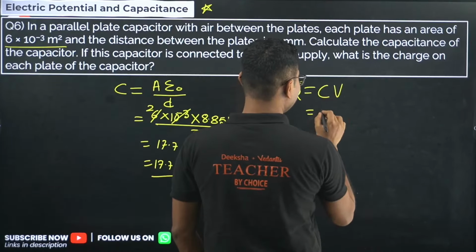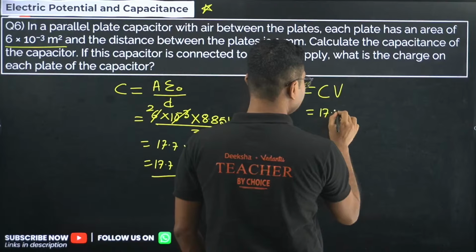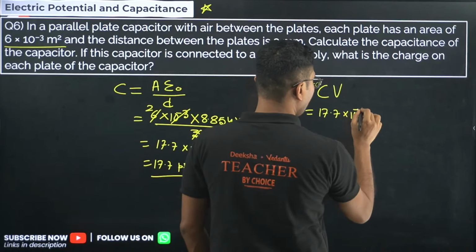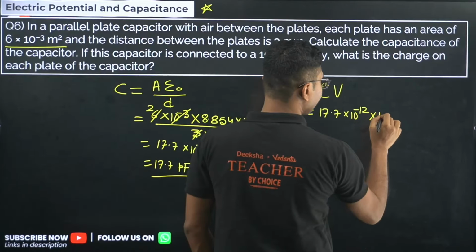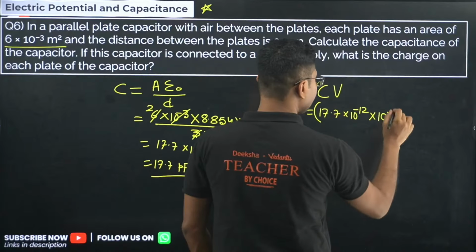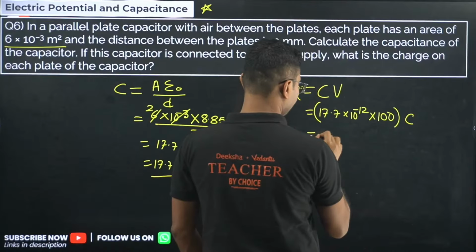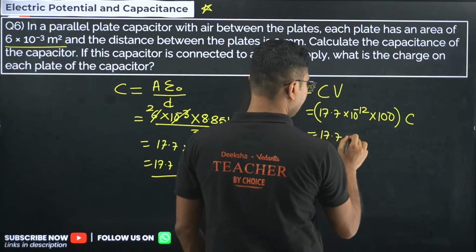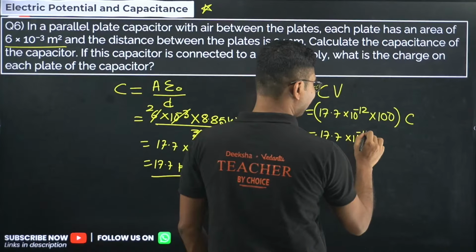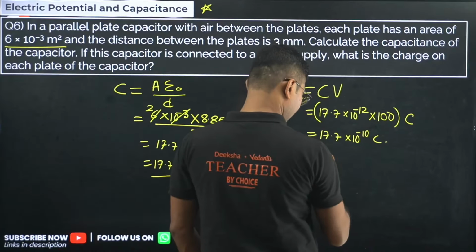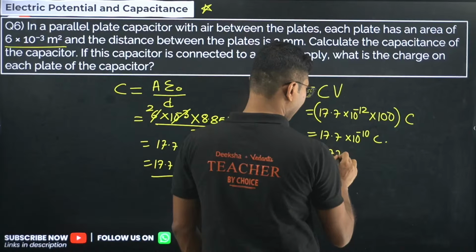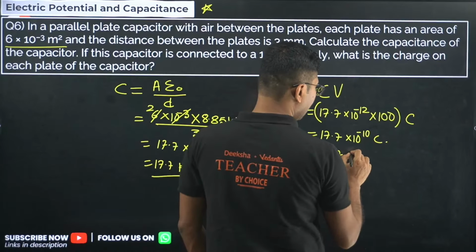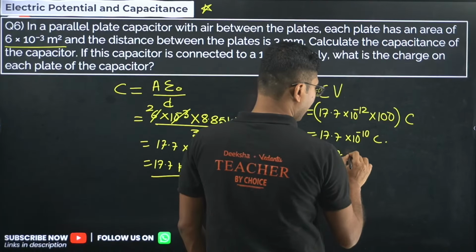So C we have calculated as 17.7 into 10 to the power of minus 12. Voltage is 100 volt and charge will be in coulomb. So 17.7 into 10 to the power of minus 10 coulomb, or as a shortcut you can write 1.77 into 10 to the power of minus 9 coulomb.